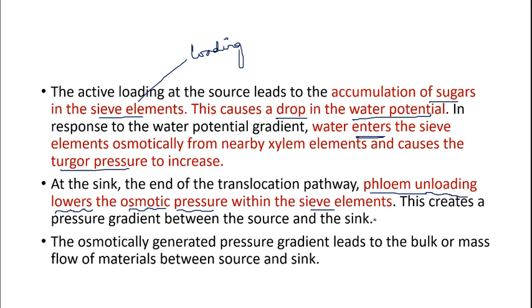Therefore, a pressure gradient is built up from the source to the sink, which helps in the transport of sugar from the source to the sink. This osmotically generated pressure gradient leads to the bulk or mass flow of materials between the source and the sink. Clear?